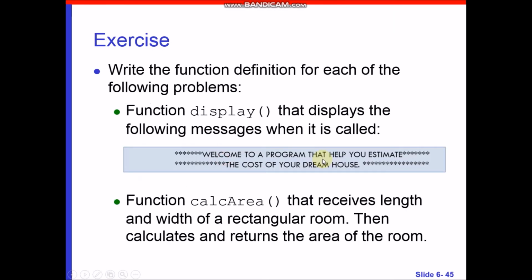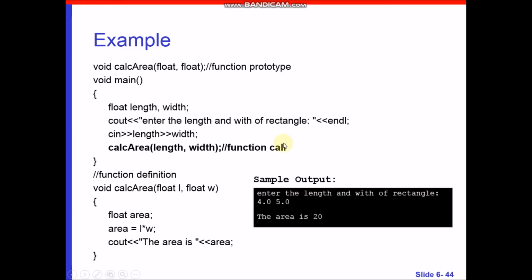Then this is the function call, whereby you will call the function calArea with the parameters length and also width. Then don't forget to put the function prototype at the header, which is you will have the void calArea with the parameters only the data types, which are float and also float. So try to do this.